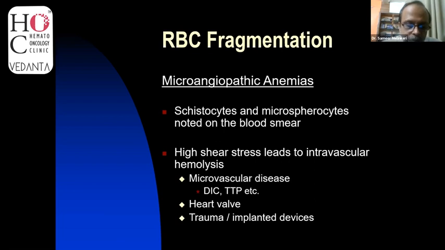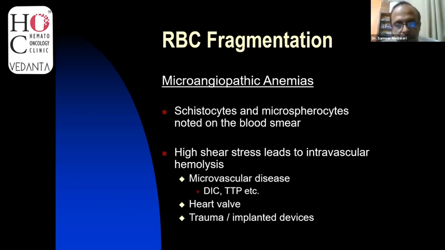And if the ADAMTS13 enzyme is absent, then you will have long multimers of von Willebrand factor in the blood. Normally, whenever there is an injury to the blood vessel wall, the VWF layers out over there, and the platelets come and attach to the von Willebrand factor, and that's how you have platelet plug formation.